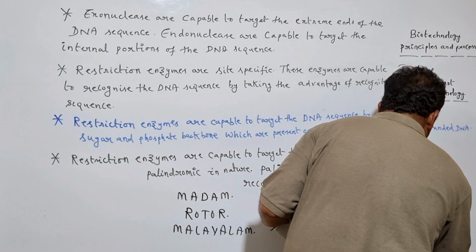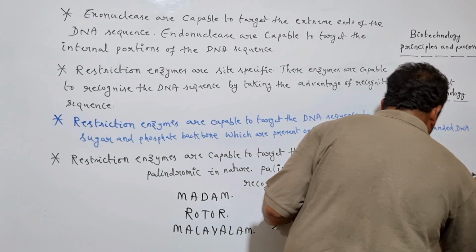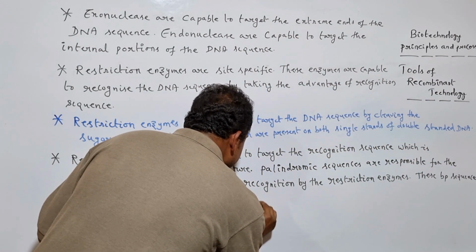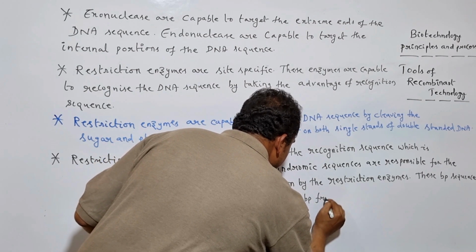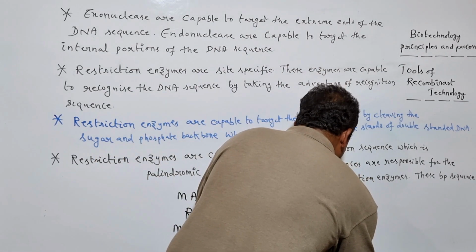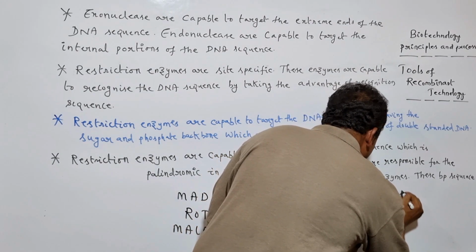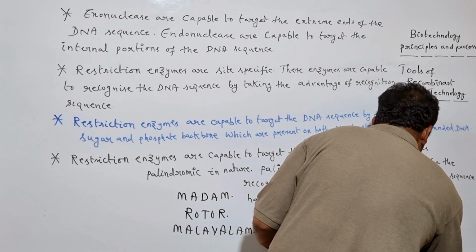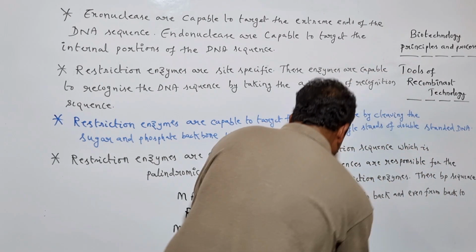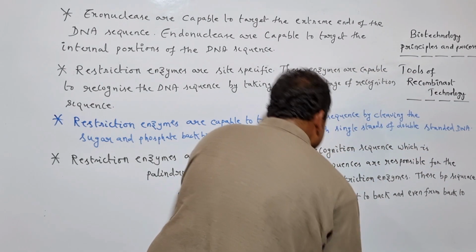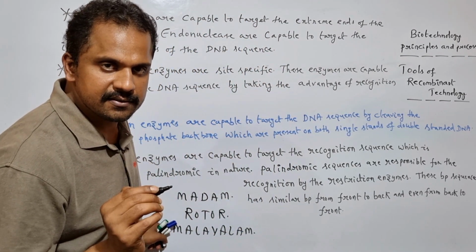These base pair sequences have similar base pairs from front to back and even from back to front. Such specific base pair sequences are termed as palindromic sequences. Is it clear?